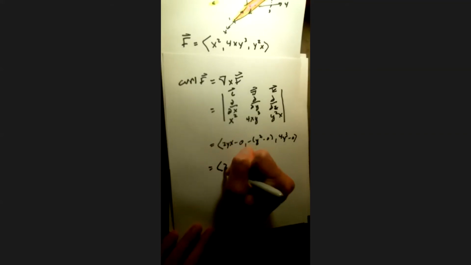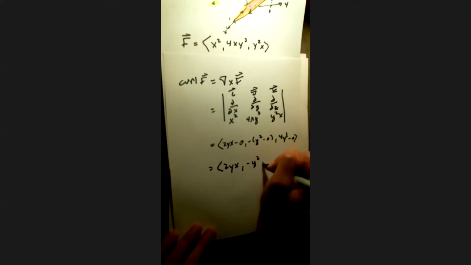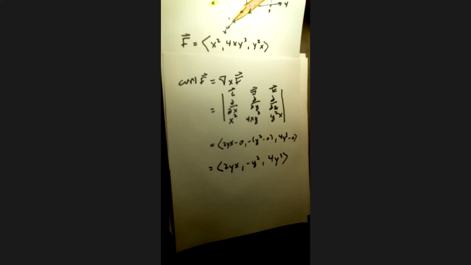So we have 2yx, negative y squared, 4y cubed. So this is our curl.